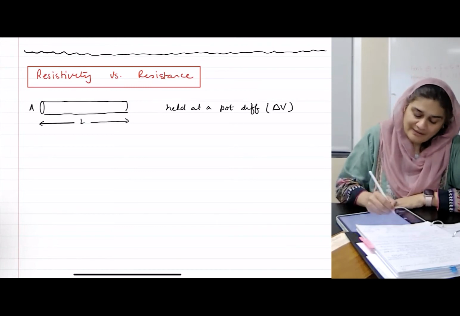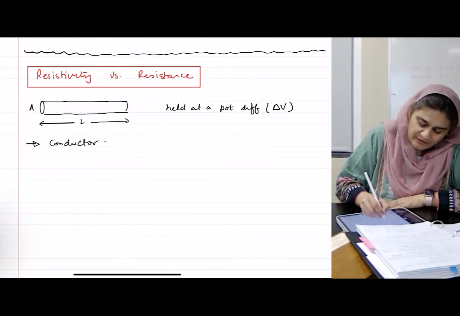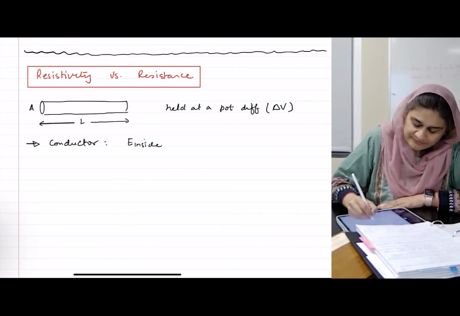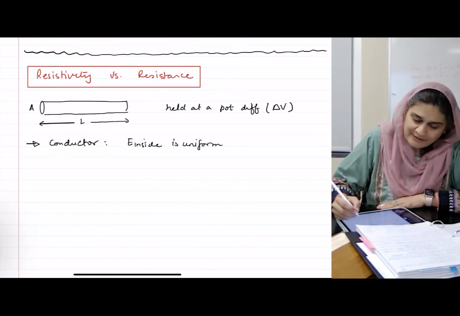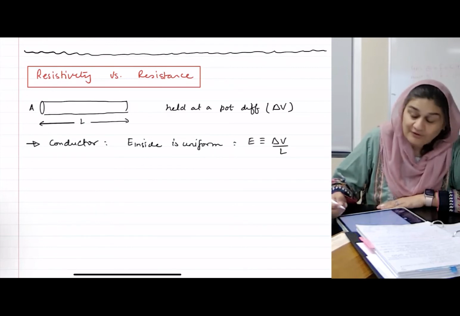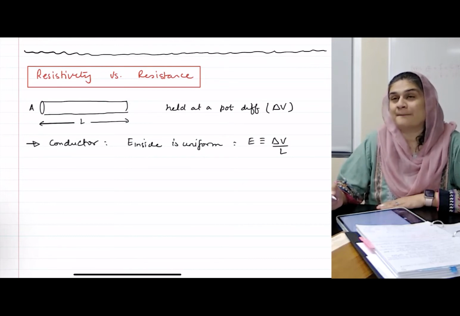So in this case, for a conductor, E inside is uniform, given by the formula delta V over L. That's the same equation that we've been talking about.